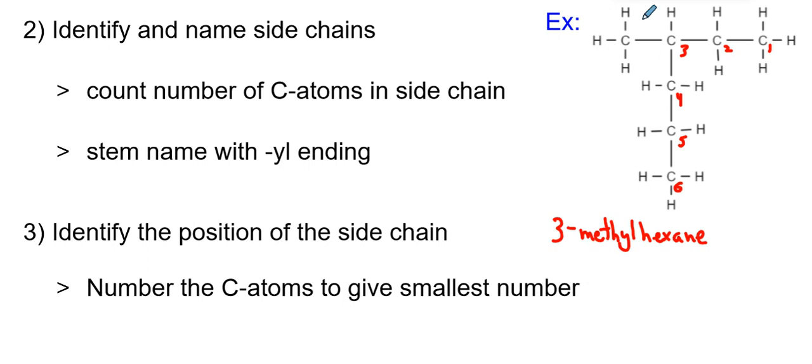The methyl is the side group, and the hexane is this longest chain, starting with the numbering here, that will result in a 3 here. The 3 indicates the carbon, which the methyl group is bonded to. Again, we have hex because of the 6 carbons here, and we have ane because they're all single bonds.